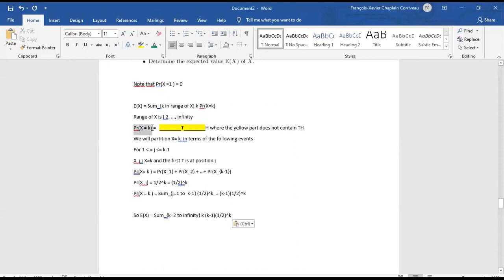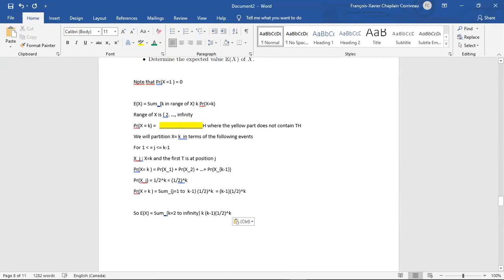So here, if we go back, the probability that x is equal to k is the probability that we stop on the kth toss, which means that this h is the flip k. If we stop on the kth toss, it means that we have to have had a tails at some point before here.